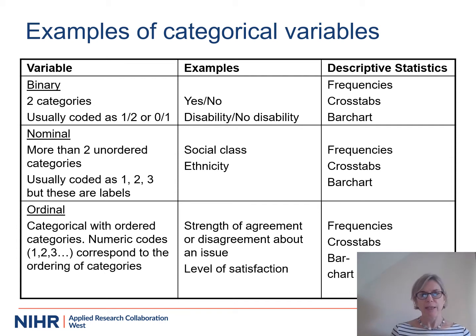And examples here would be things like the scales we so commonly see, for agreement, say, running from strongly disagree to strongly agree, via various demarcations, level of satisfaction, pain, all the common things we might be collecting in our evaluations. And again, the same range of statistics can be used to represent those and illustrate those.